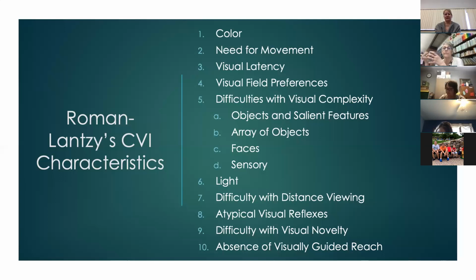Does everybody know what salient features means? I didn't when we started, so let me give you an example. If you think about a cow and an elephant, okay, the salient features of each are the way that you would distinguish between them, the differences between them. We know that they're both animals, that they're mammals, that they have 4 legs. And so for many kids, a cow and an elephant might be the same thing.